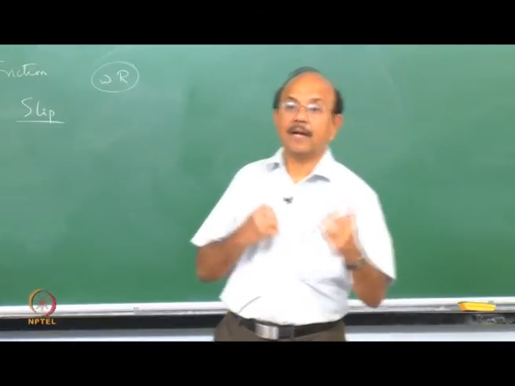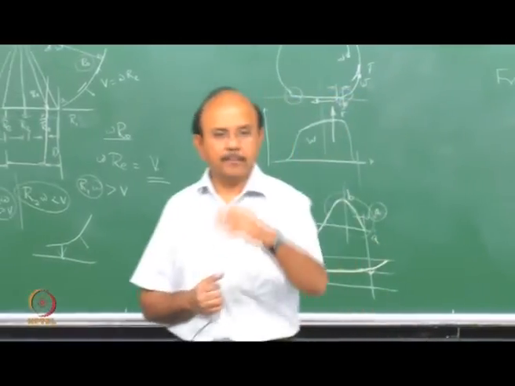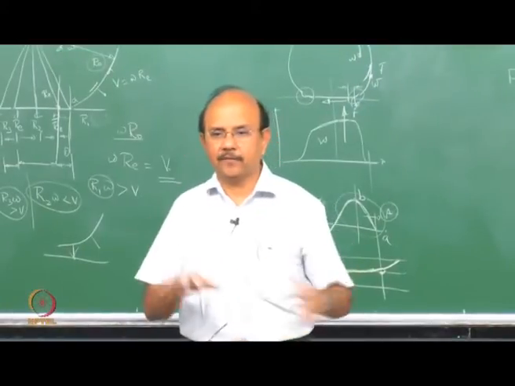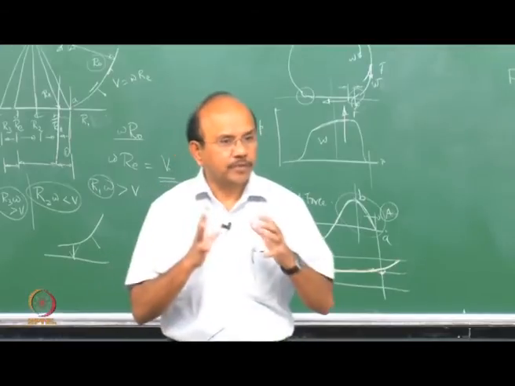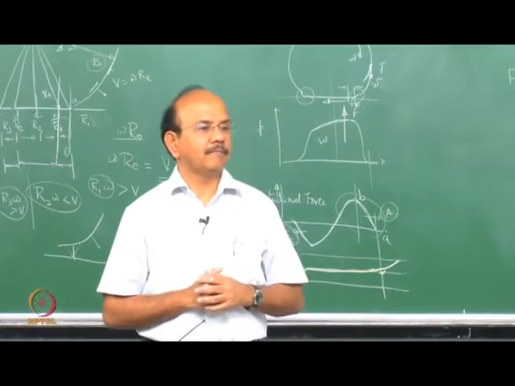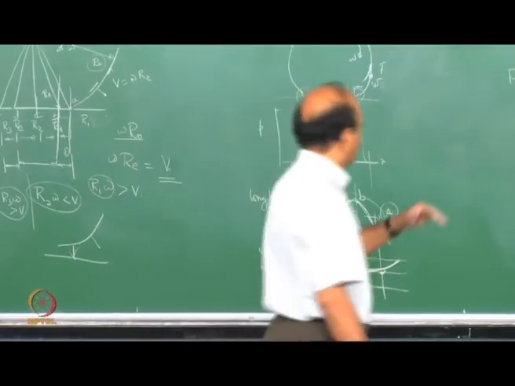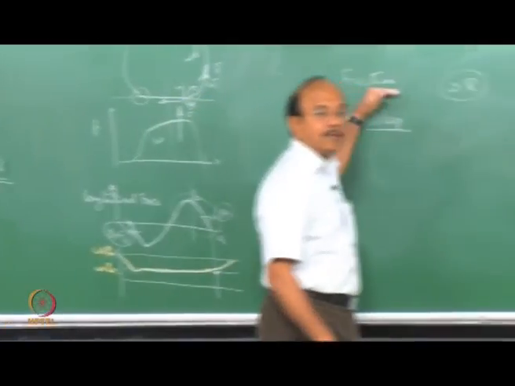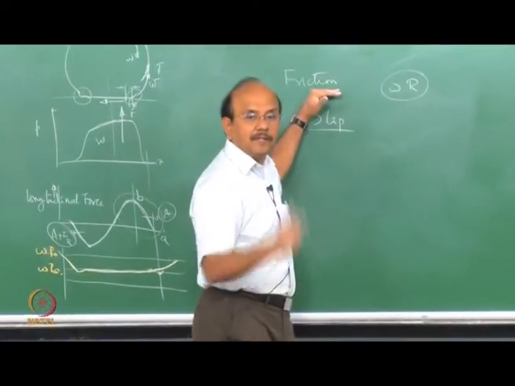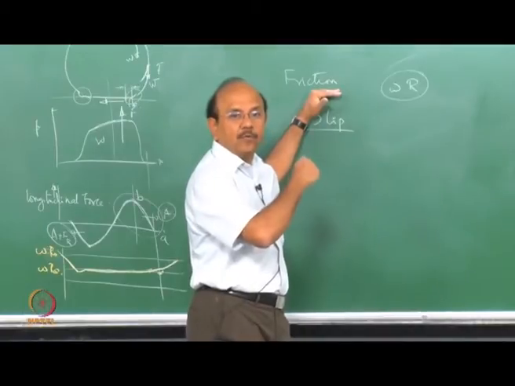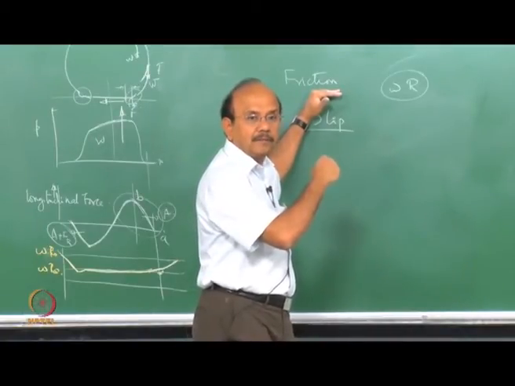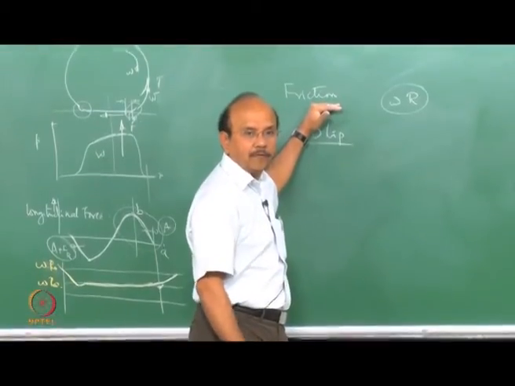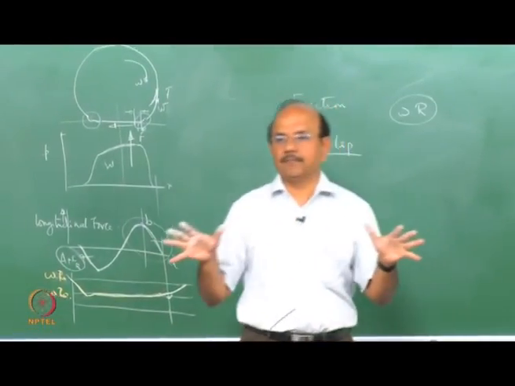And a combined situation where you have cornering plus braking, you have a tendency to brake when you corner, then there are two forces that are going to act. In other words, for this quantity called mu into N, there are two guys who are going to compete. After all, mu into N is the same.